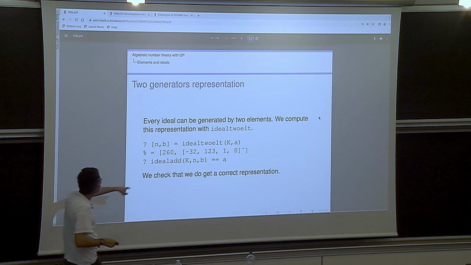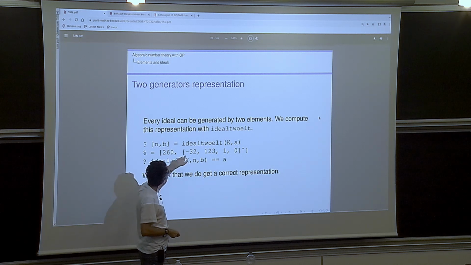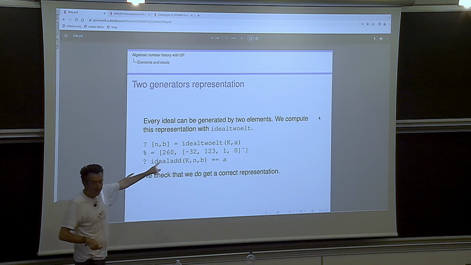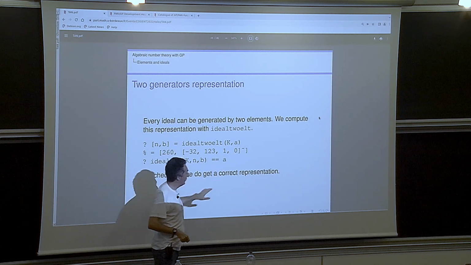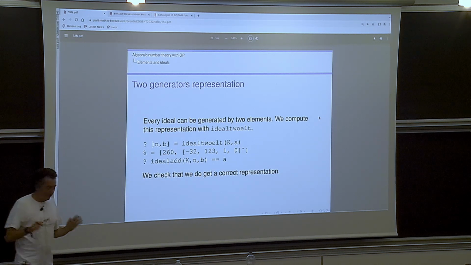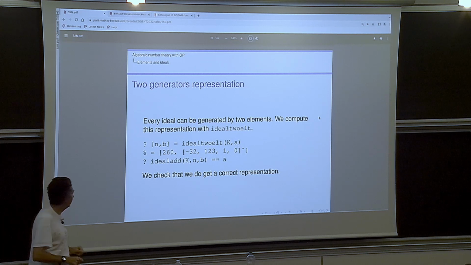And so here, what it does is that it adds the two principal ideals generated by each of the generators, and asks for the HNF basis, and we get the same basis for A. So we have a correct representation for the ideal.